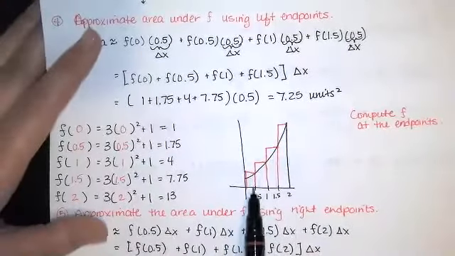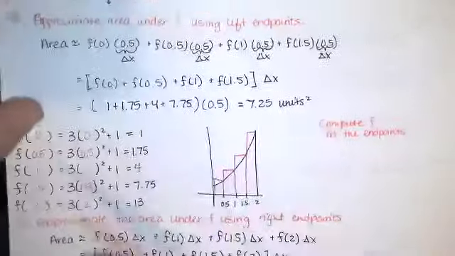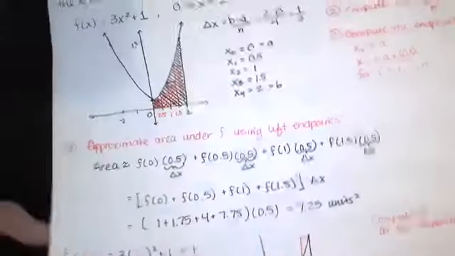Since our function's increasing, if we use right endpoints, the function's going to be largest on the right, so we're going to get an overestimate. And that leads us to something called upper sums and lower sums. So let's talk about that, and then we'll calculate the upper sums and lower sums for that function that we were just looking at.